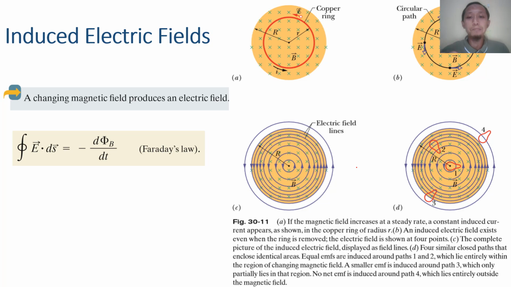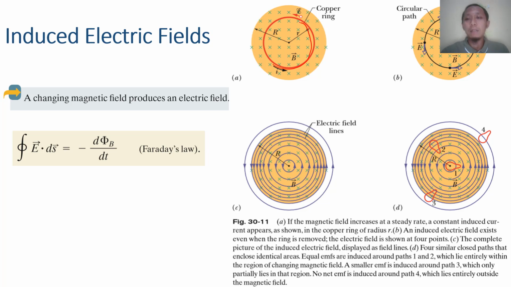If we have the magnetic field like this, and the magnetic field is increased, there are many ways to increase it, like moving the magnet faster, so the magnetic field also increases, and a constant induced current appears. Then we get the EMF and the current, and the induced electric field exists even if the ring, the wire, is removed from the magnetic field.